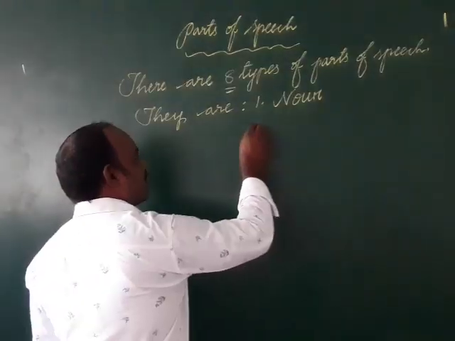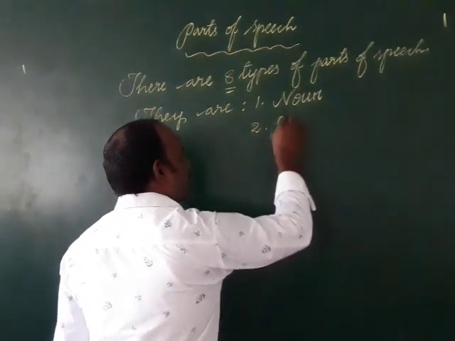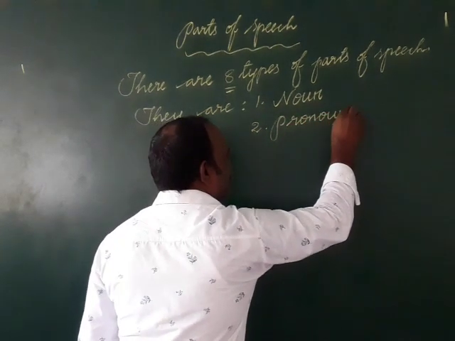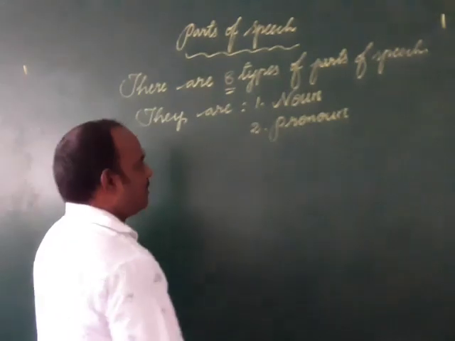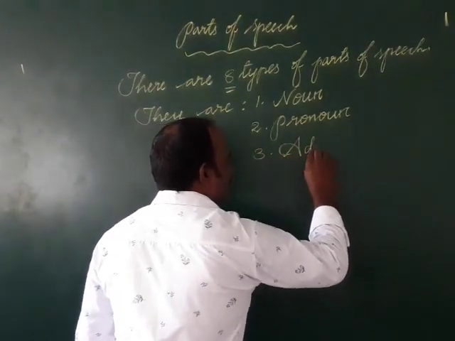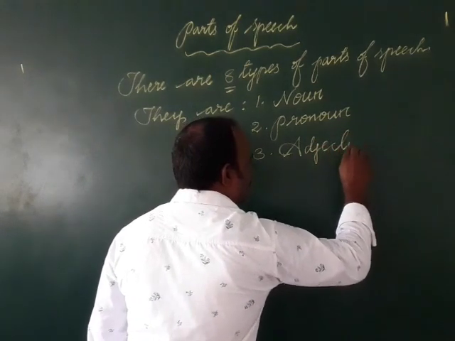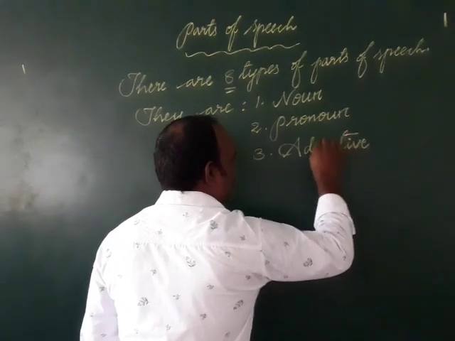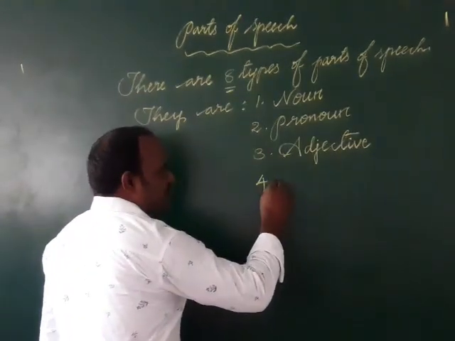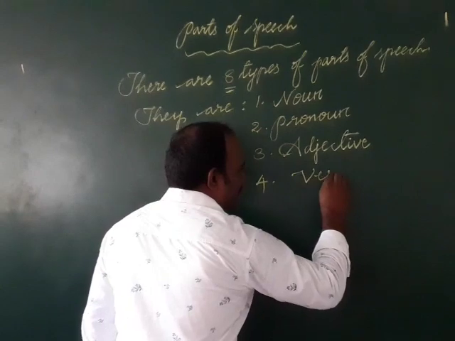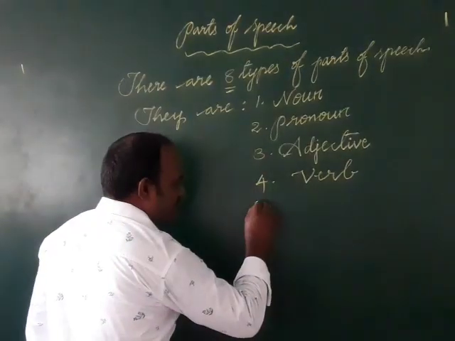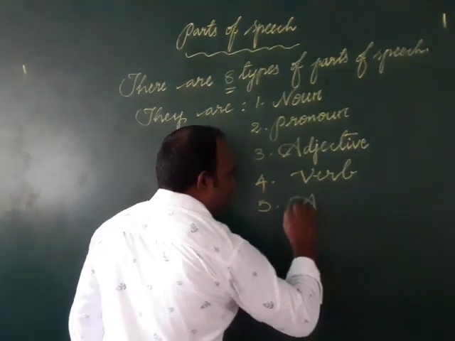The second one, pronoun. Third one, adjective. Fourth one, verb. Fifth one, adverb.